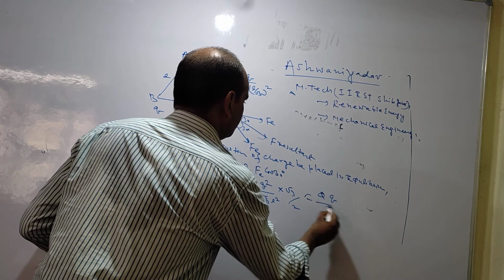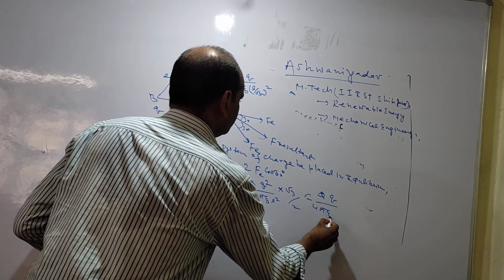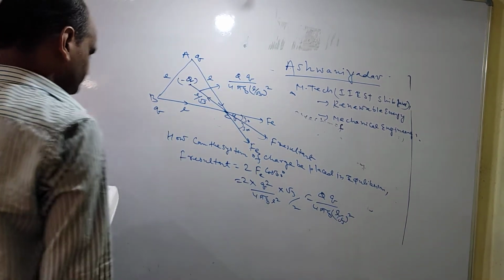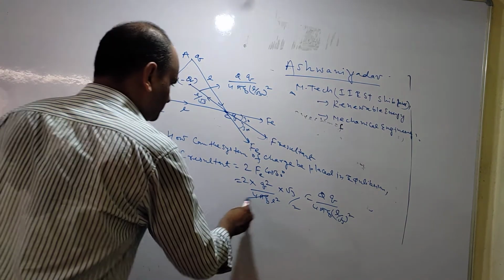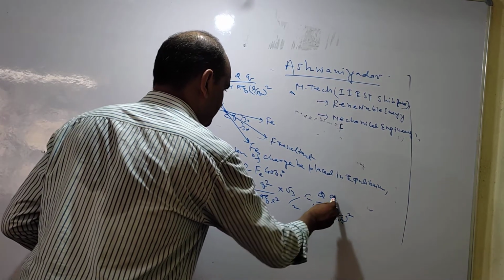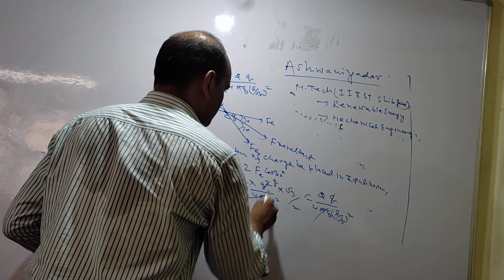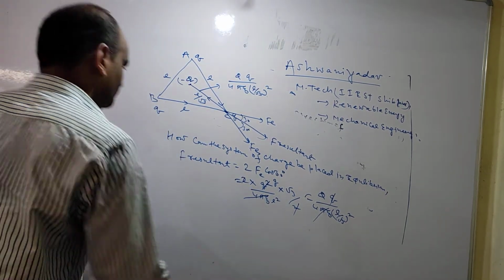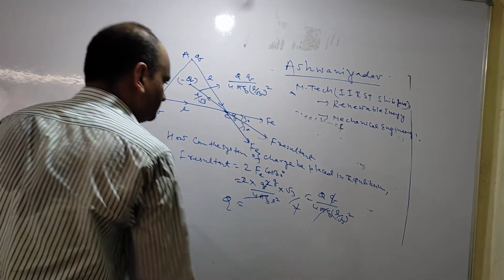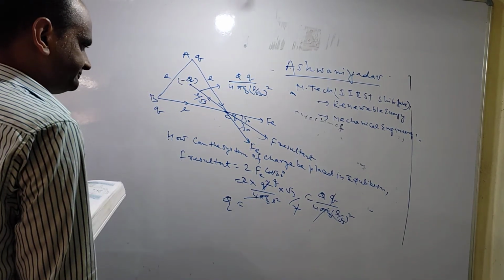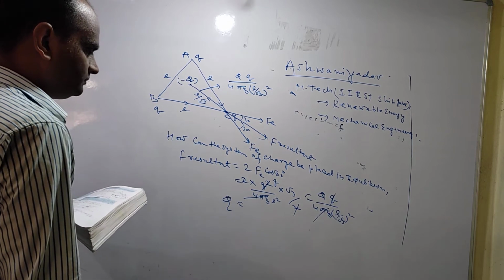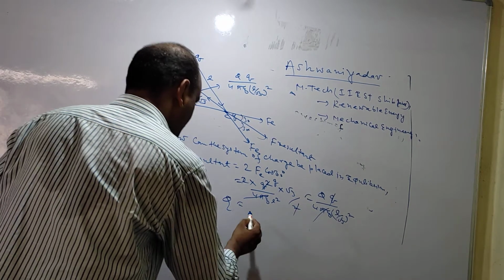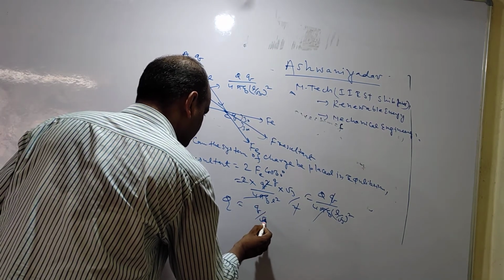Common factors cancel out, and we are left with q equal to Q by root 3.